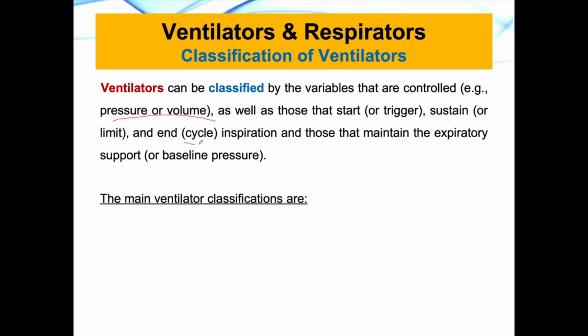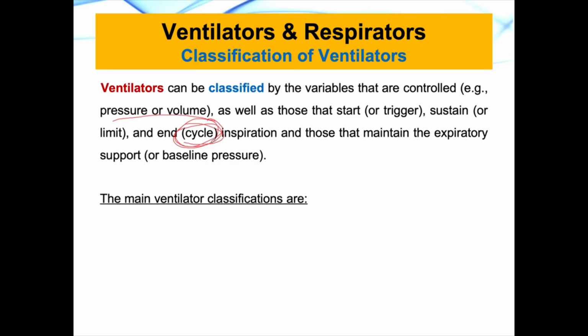Cycle is important. When we say cycle, it is the thing that's going to end the inspiratory mode. The cycle is the thing that's going to stop pushing air into the lungs and allow the patient to do expiration. That's very important, and we're going to talk about it a little bit more.